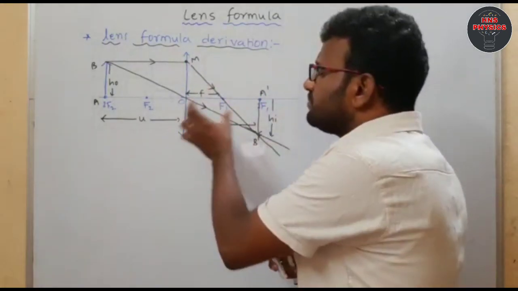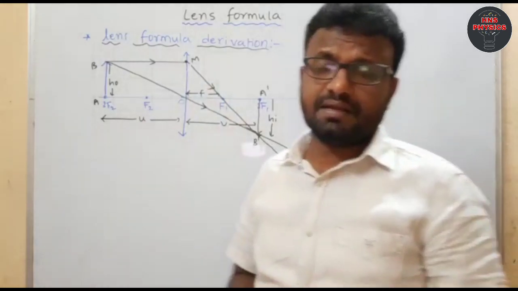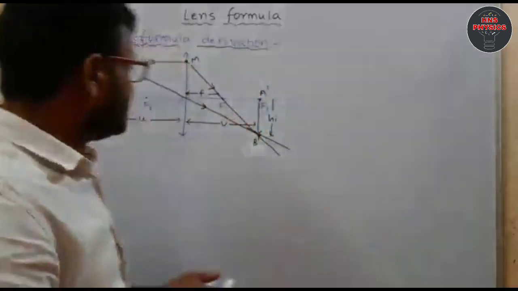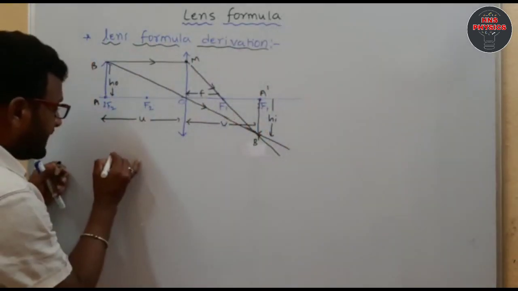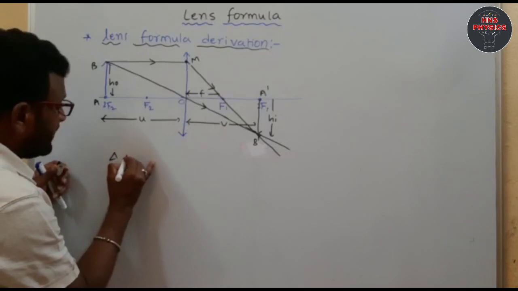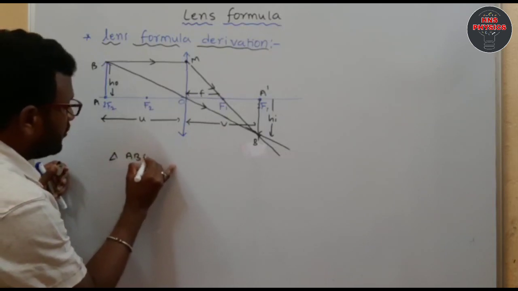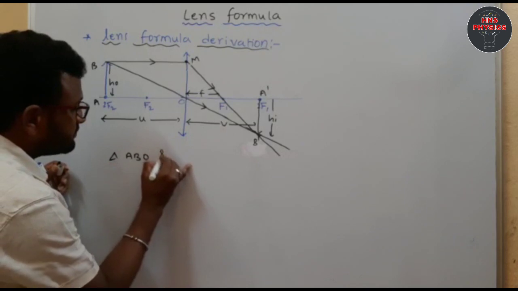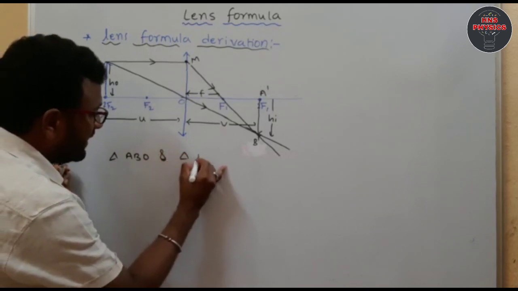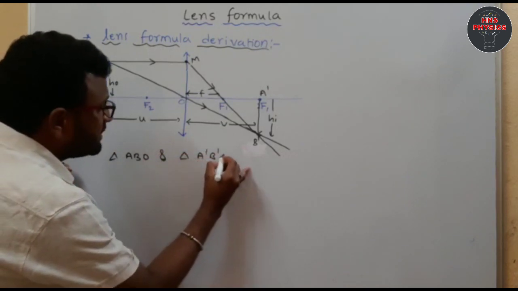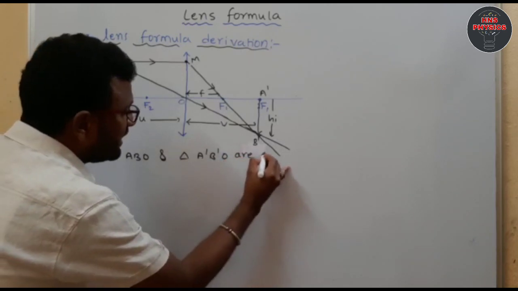So in this diagram two sets of similar triangles are there. Taking the first set, triangle ABO and triangle A dash B dash O are similar triangles.